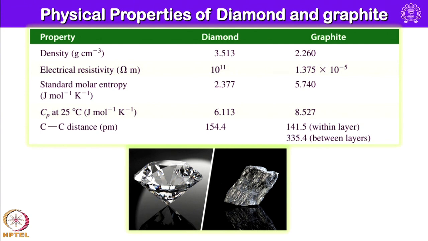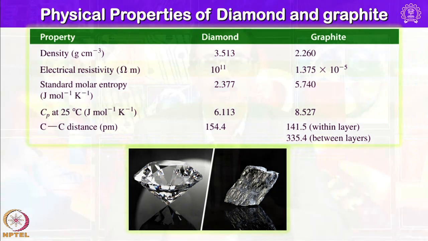And the carbon-carbon distance is much longer in case of diamond, it is 154 picometer, whereas in case of graphite it is 141.5 within the layer, and between the layers the separation is 335 picometer.